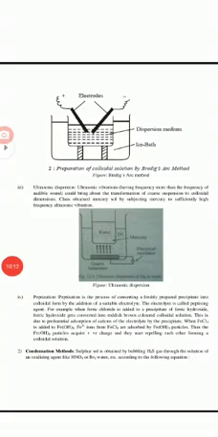The next is peptization. Peptization is the process of converting a freshly prepared precipitate into colloidal form by the addition of a suitable electrolyte. The electrolyte is called peptizing agent. For example, when ferric chloride is added to a precipitate of ferric hydroxide, it gets converted into reddish brown colored colloidal solution.